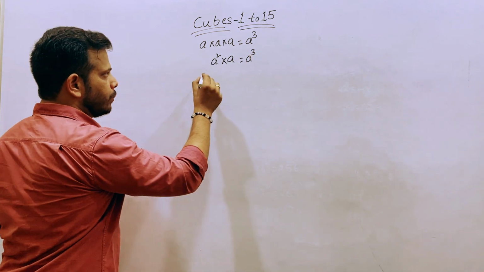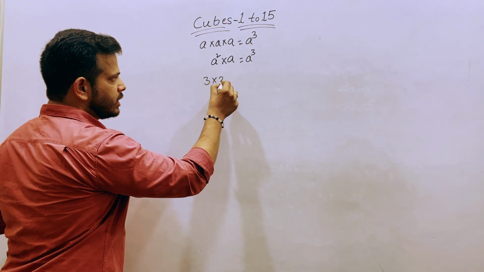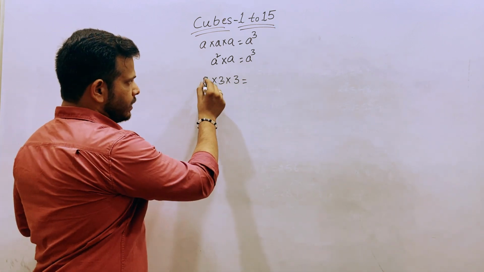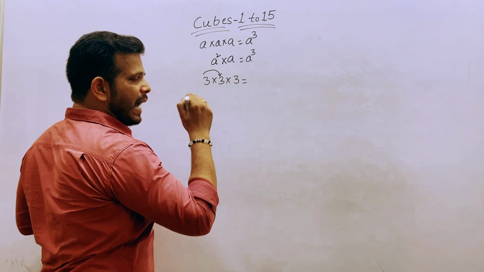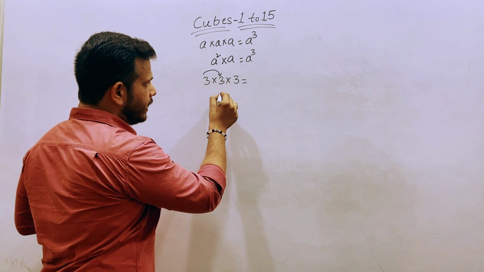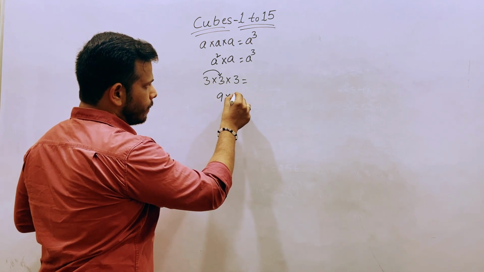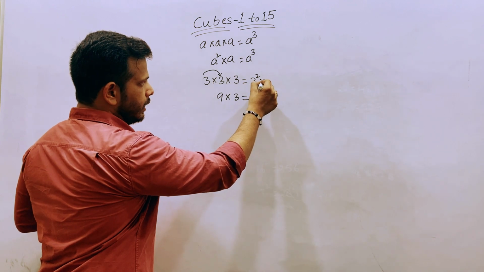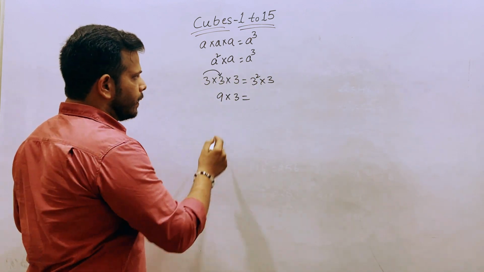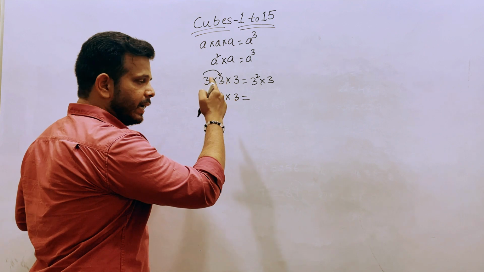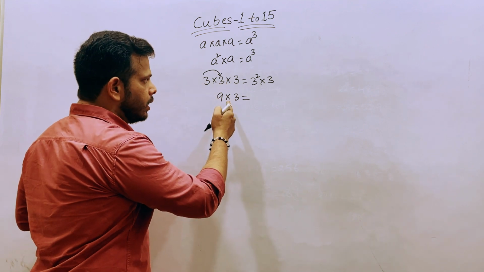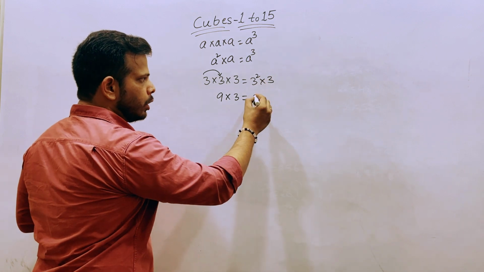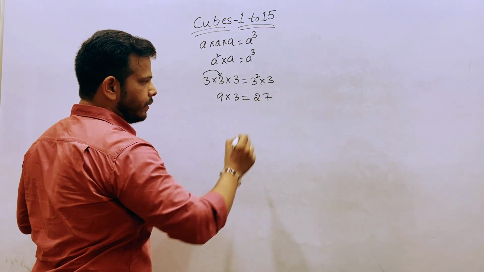Let me take an example. You are multiplying 3 times. First if you are adding 3, 3 times, you will get 9. This is square, 3 square into 3. When you are multiplying 9 with 3, it means you are adding 9, 3 times. So it will result in 27.